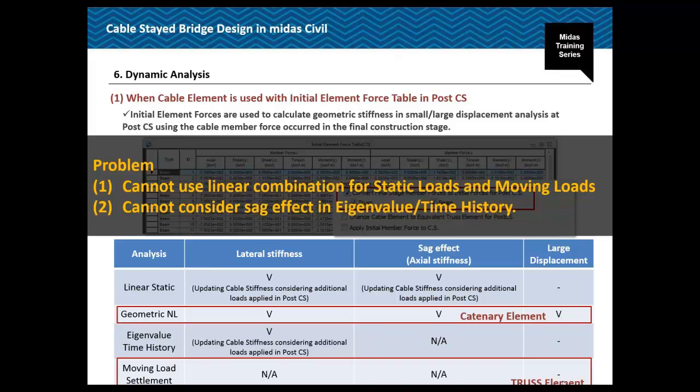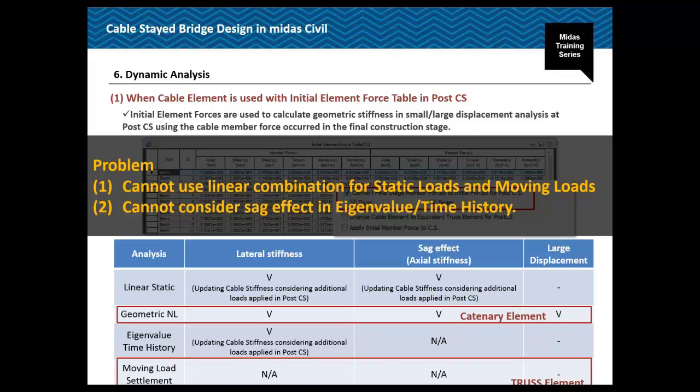But since the element type is different, their stiffness is different, so we cannot apply the linear load combination. And also, for the eigenvalue analysis, the correct stiffness, considering the sag effect of the cable, could not be considered. So we had such a problem previously.